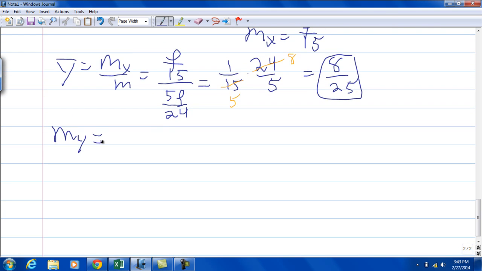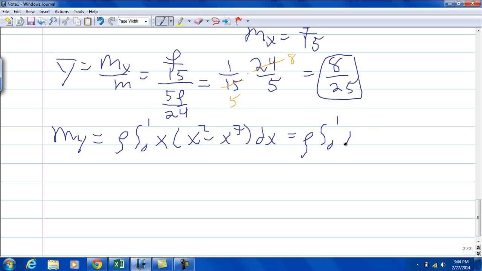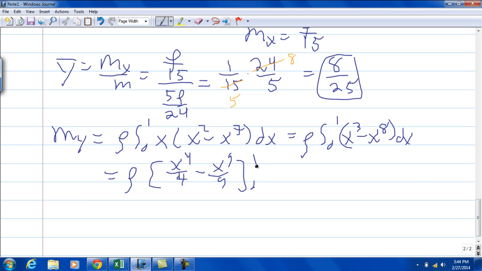Now for the my, we have rho integral from 0 to 1 of x times our x squared minus x to the 7th dx, which is rho integral from 0 to 1 of x cubed minus x to the 8th dx, which will be rho times x to the 4th over 4 minus x to the 9th over 9 from 0 to 1. Boy, the 0 sure is nice in this problem.